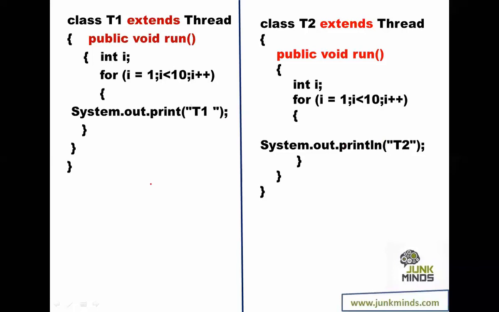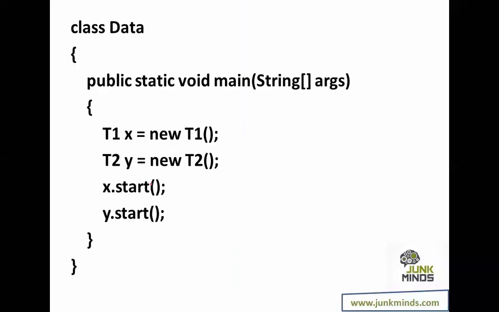Now when we go ahead, please understand, class Data. Inside this, I've written this main function. T1 x = new T1. X is an object of class T1, which is derived from class Thread. So x is a thread. T2 y = new T2. Y is an object of class T2, which is derived from class Thread. So y is a thread.